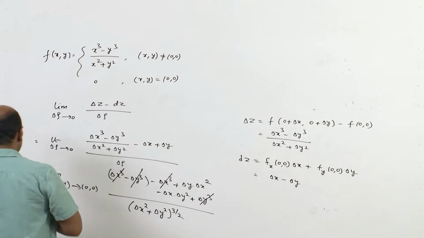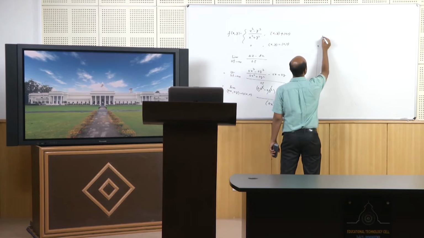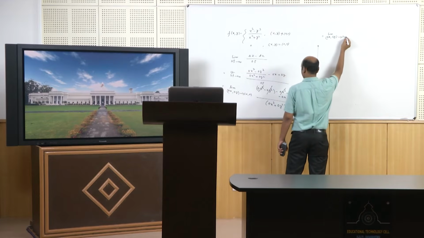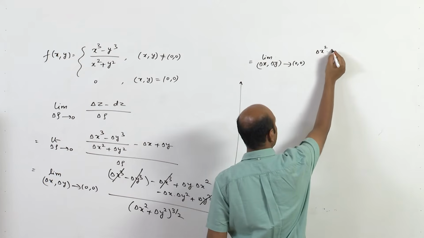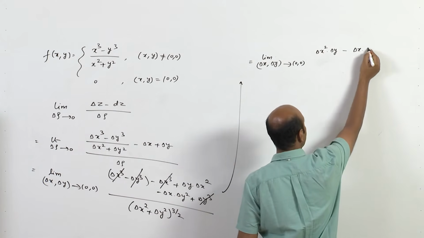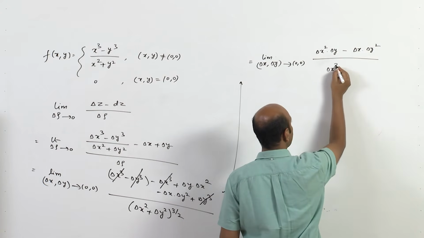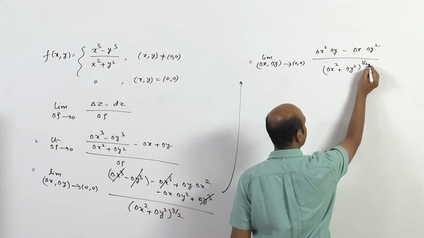Now, this term is cancelled with this term. So, we are having this expression as equal to limit (delta x, delta y) tending to (0, 0) of delta x square into delta y minus delta x into delta y square upon delta x square plus delta y square whole raised to power 3 by 2.